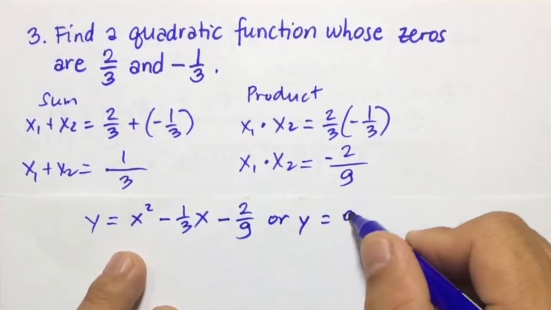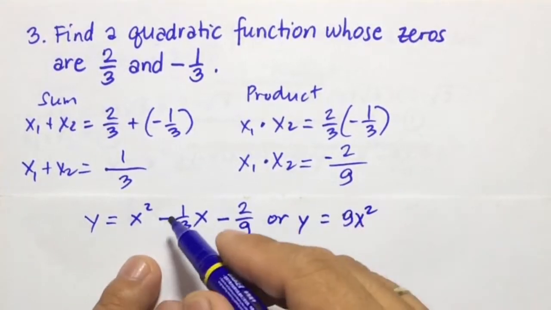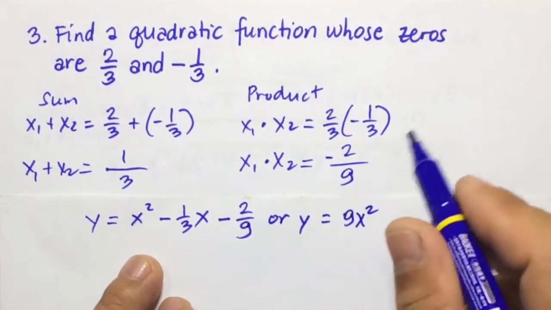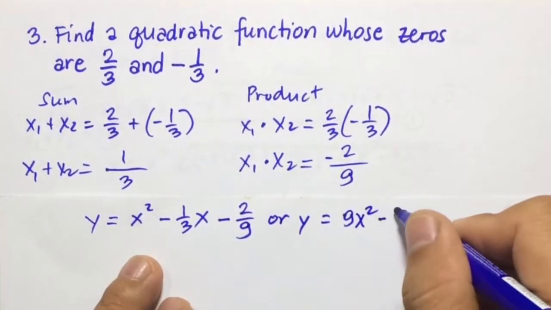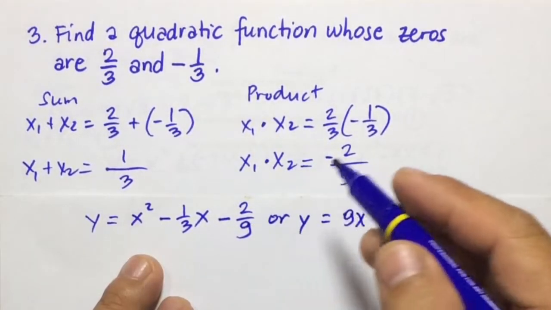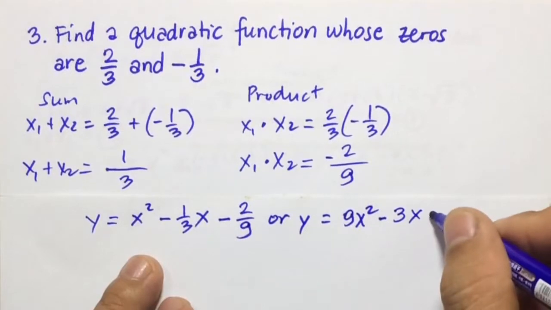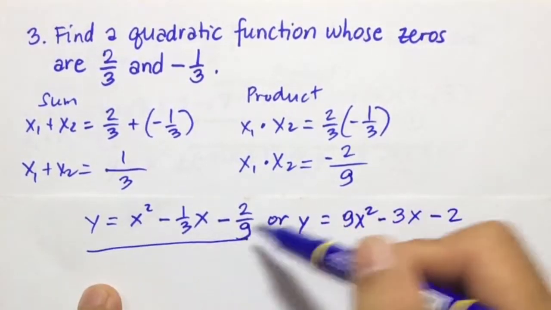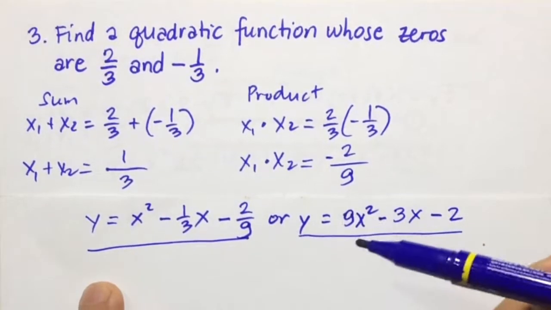So we can have 9x squared. Then negative 1/3 x times 9, that will be negative 9 over 3. That will be negative 3x. Then negative 2 over 9 times 9, that will be negative 2. So we can have your answer as this one or this one.